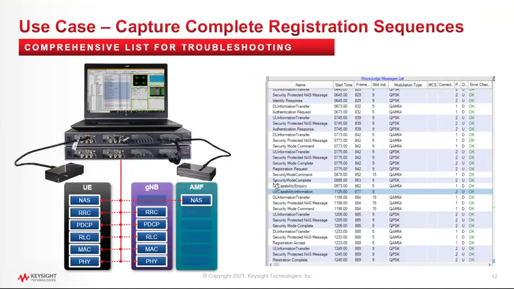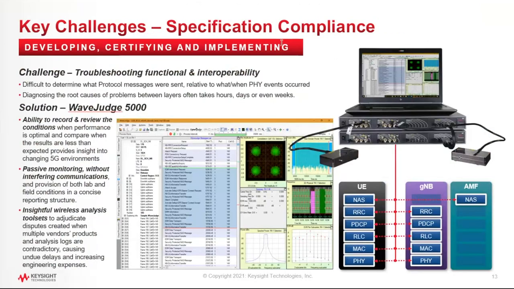In that kind of use case, we display all of the UE attach and all of the upper layer protocols for both of those vendors, or for all of the vendors, whether it be MediaTek or any one of the chipset vendors. The WaveJudge operates with all of those. Whether it's Apple, Qualcomm, or any of the others, we will show you the complete registration process for all of those. So this tool is used very heavily in interoperability labs where you are trying to interoperate with all the various UE vendors, as well as compliance.